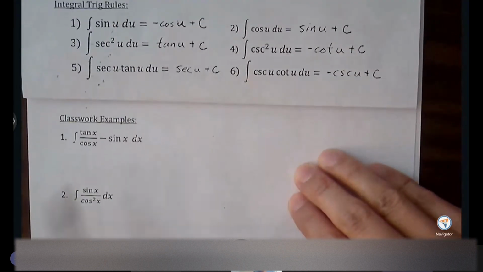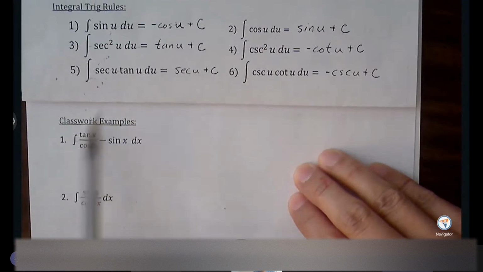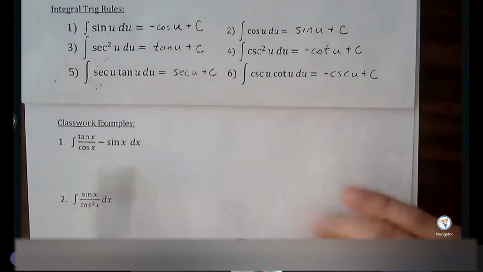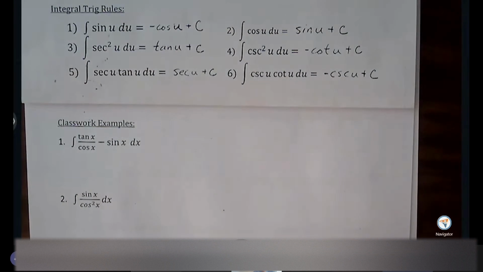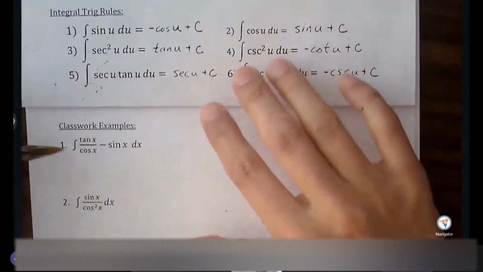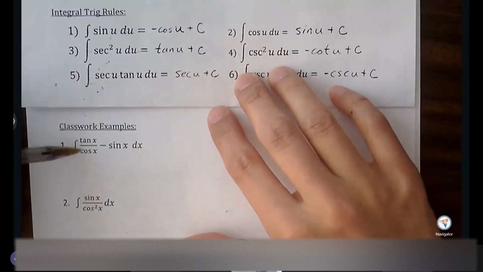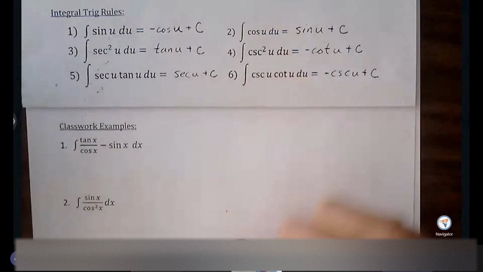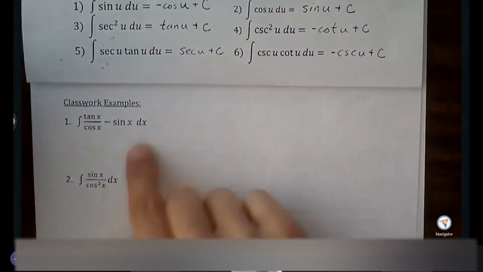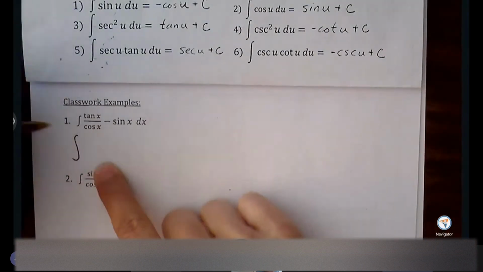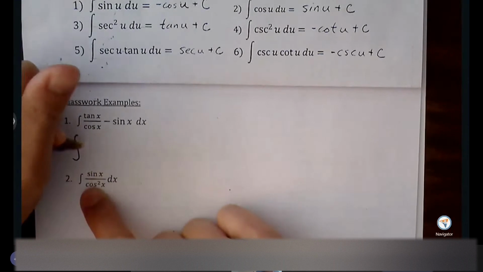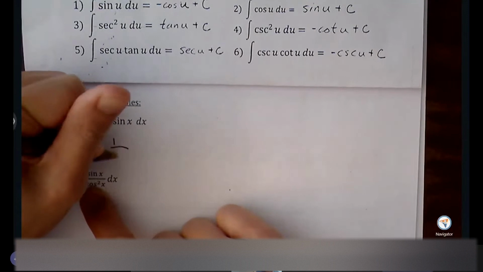Right. So here we're just applying these integral rules, but sometimes we may have to rearrange something that doesn't quite look like the rule to make it look like the rule before we can apply it. So if you look, tangent, cosine, there's no rule that matches perfectly with this. So maybe I can do a little bit of rearranging here. What if I think of tangent as tangent times 1 over cosine?